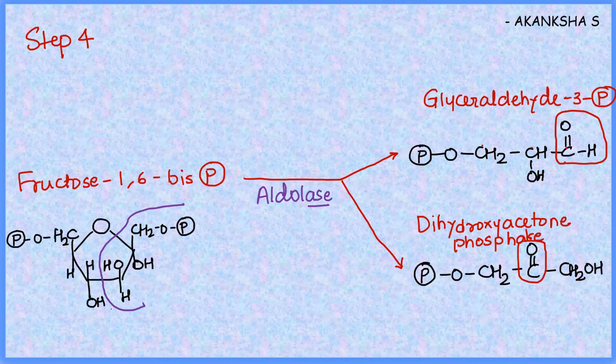I hope you have understood the preparatory phase: glucose to glucose 6-phosphate, to fructose 6-phosphate, to fructose 1,6-bisphosphate, to glyceraldehyde 3-phosphate and DHAP. Here we stop. Glyceraldehyde 3-phosphate and DHAP are isomers of each other. The next phase we are going to discuss is the payoff phase.